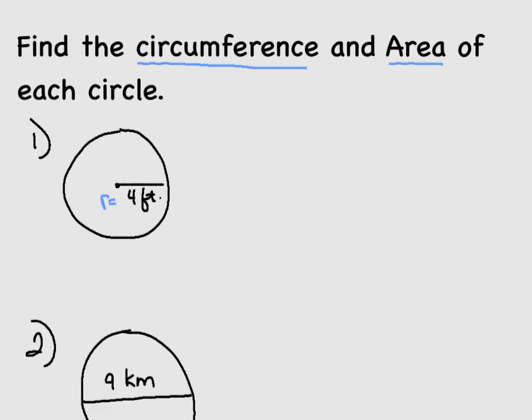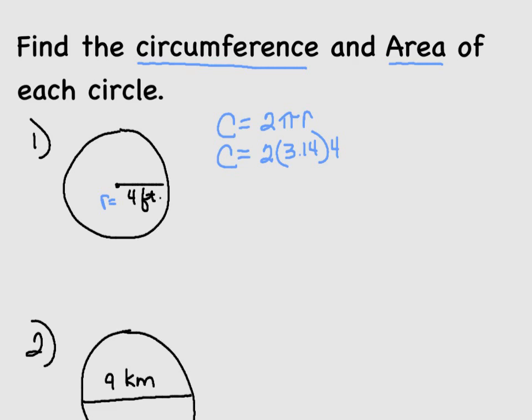Let's start with this one. The first thing you will do is write down the formula for circumference. Circumference equals 2 pi r. Let's substitute the information that we know. Circumference equals 2 times 3.14 times 4.